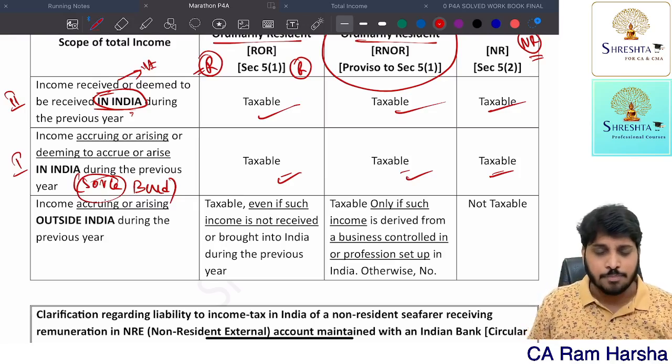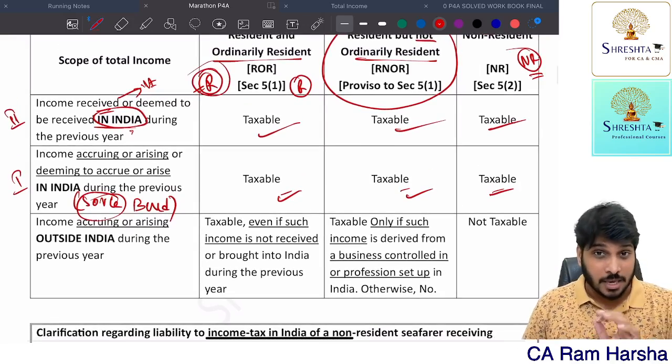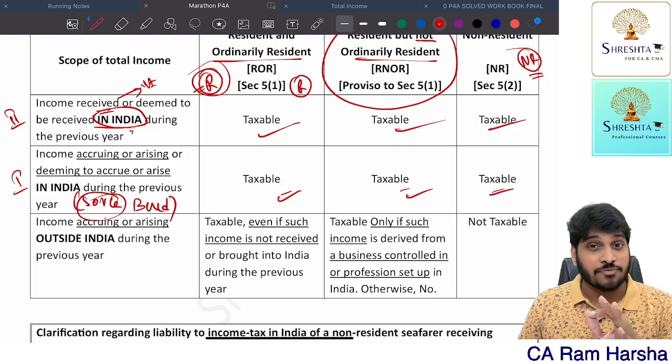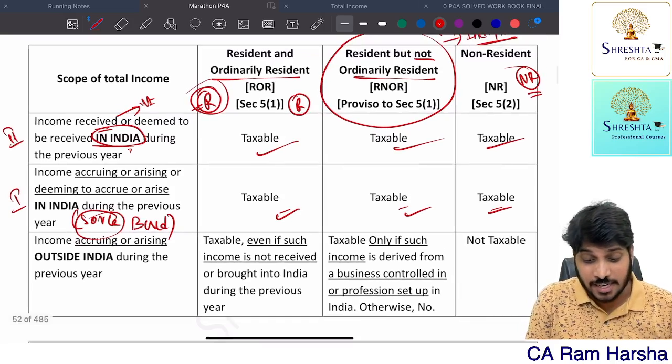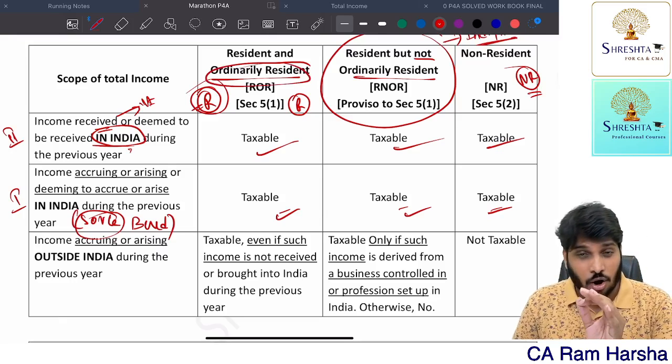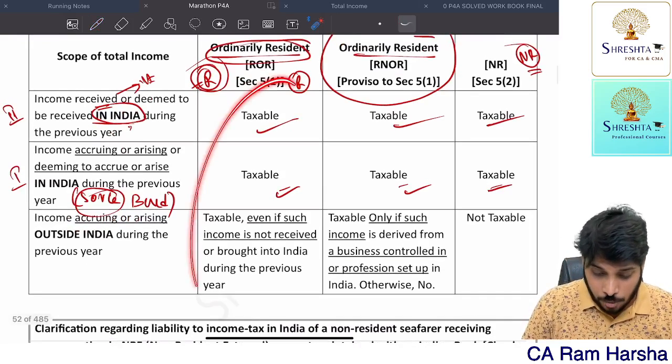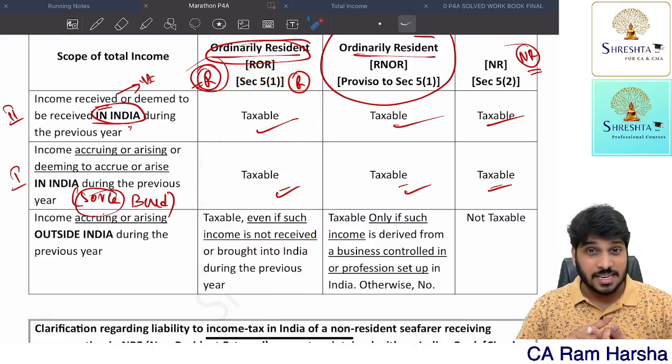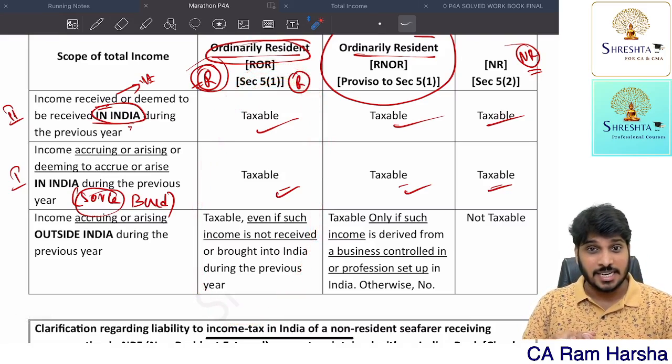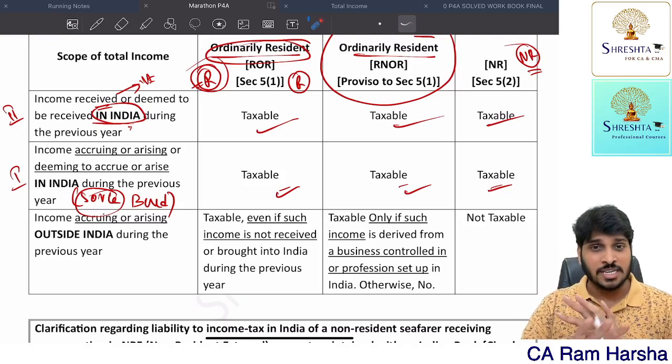An important thumb rule for a resident: in the case of an individual and HUF, if a person is classified as ROR, resident and ordinarily resident, global income is taxable. Whether the income source is in India, receipt is in India, source is outside, receipt is outside, doesn't matter.